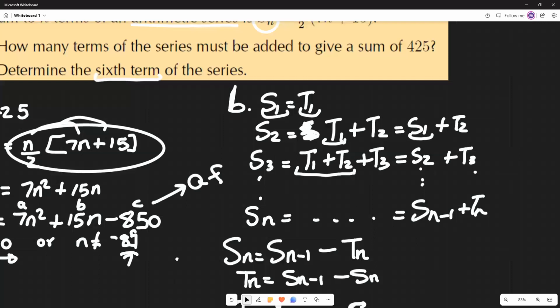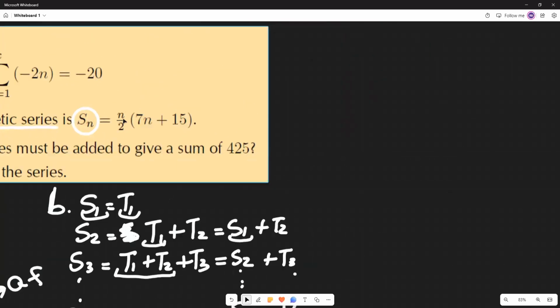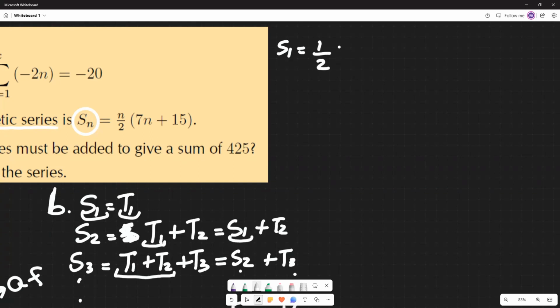All right, I can show you the other way you could have done this. Someone could have noticed that this is a sum for a linear pattern, basically. How do we check if it's linear? You can find the first three terms. So let's check. We're going to find S1. So S1 is 1 over 2, 7 times 1 plus 15. What does that give us? Half of 7 times 1 plus 15 is 11.